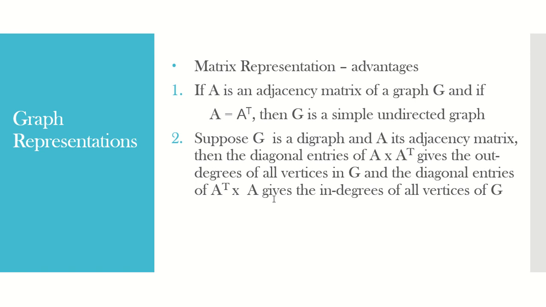You have to create three graphs: a directed graph, an undirected graph, and a weighted graph. Represent them using the three given representations: first set representation, then adjacency list representation, and also matrix representation. That is your first work.